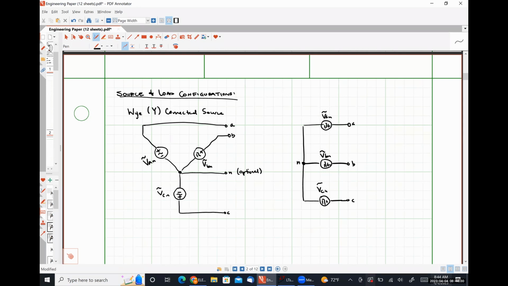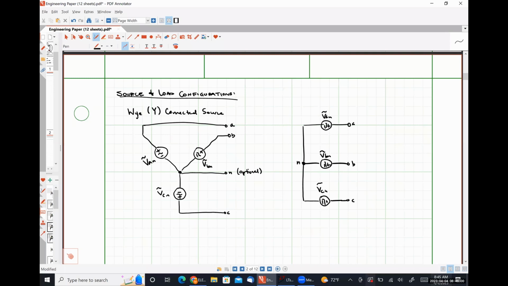And there's my neutral. So these two things are literally identical, but I find the right-hand representation much easier to draw. So that's how I'm going to draw all of the system, okay? So we have a voltage source connected between the A terminal and the neutral terminal, a voltage source connected between the B terminal and the neutral terminal, and a voltage source connected between the C terminal and the neutral terminal on both sides of the page. So they are literally the same thing, okay?